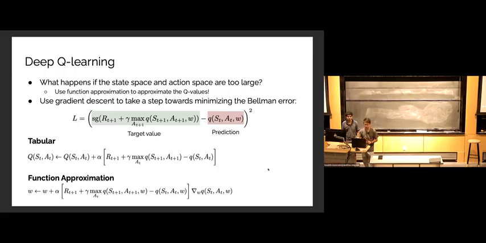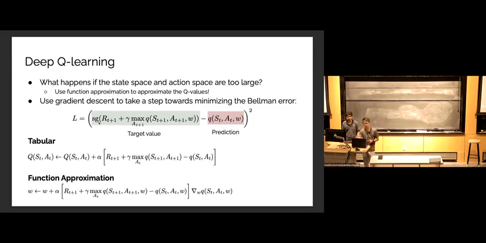Basically, we have the target value and we have the prediction. We want the prediction to be as close to the target value as possible. That's why we use the MSE loss, and we can see that there is SG here.